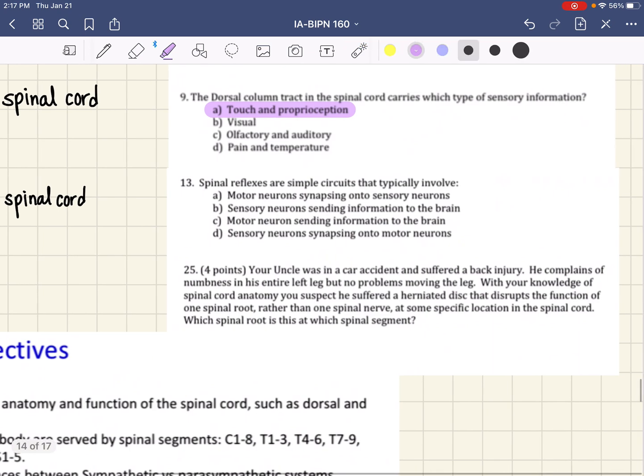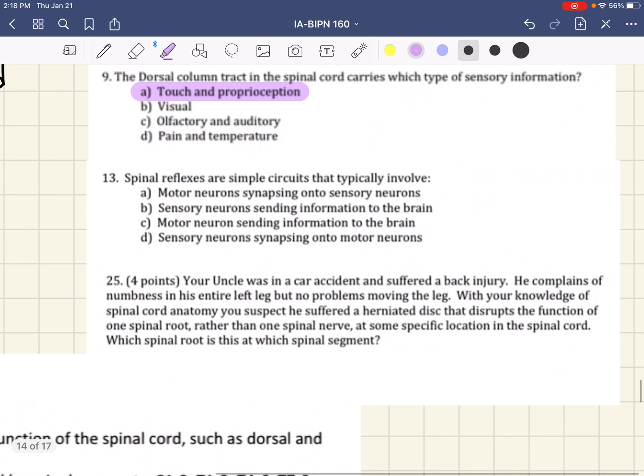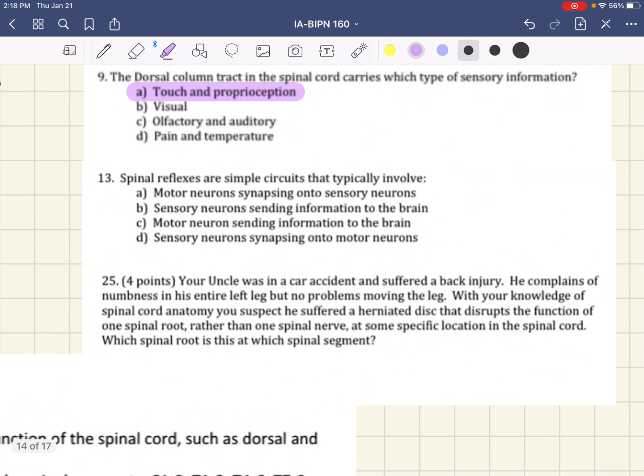Number 13, spinal reflexes are simple circuits that typically involve, and I didn't talk about the reflex in this video because I feel like Dr. Root already explained it very well, so definitely look at the lecture recordings of the class, but I can always answer questions on that if you'd like.